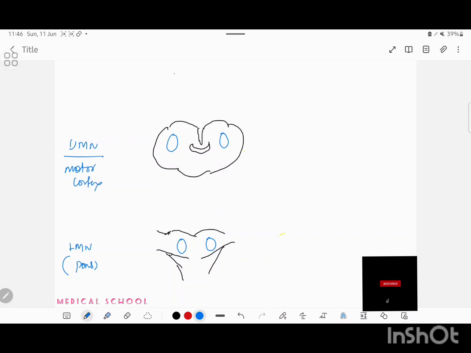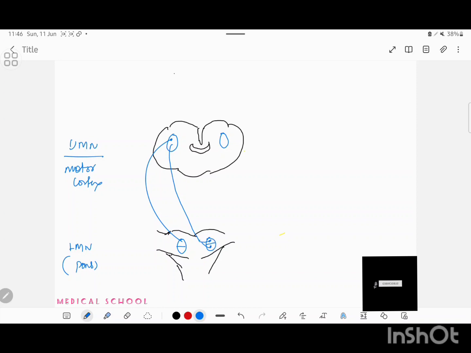Now see the arrangement of fibers. The upper motor neuron supplies the ipsilateral lower motor neuron, its upper half, and the contralateral neuron, both upper and lower half.